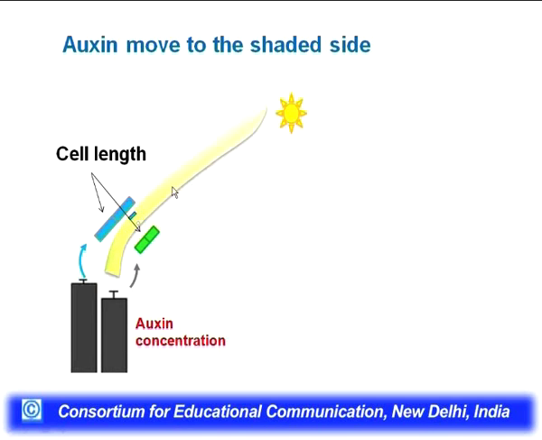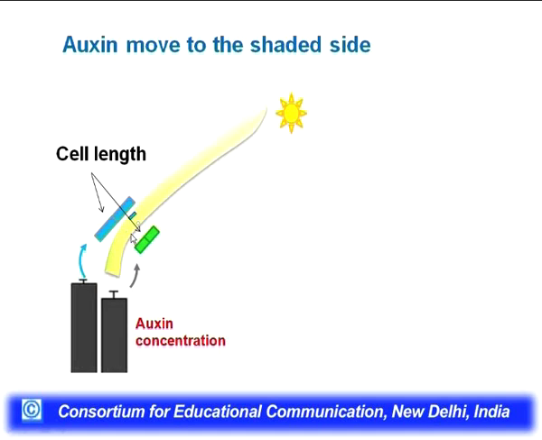So, the coleoptile bent. Now, if you take out cells from this side and this side and look at the auxin concentration, you will find that there is more auxin on this side than this side. So, you can infer that auxin has moved from the lightened area to the shaded area.